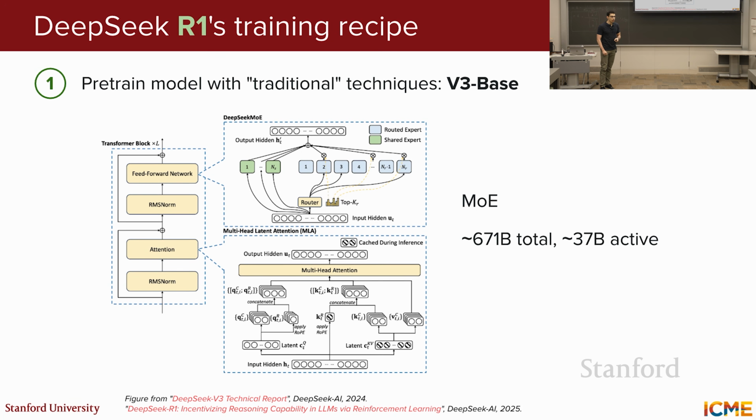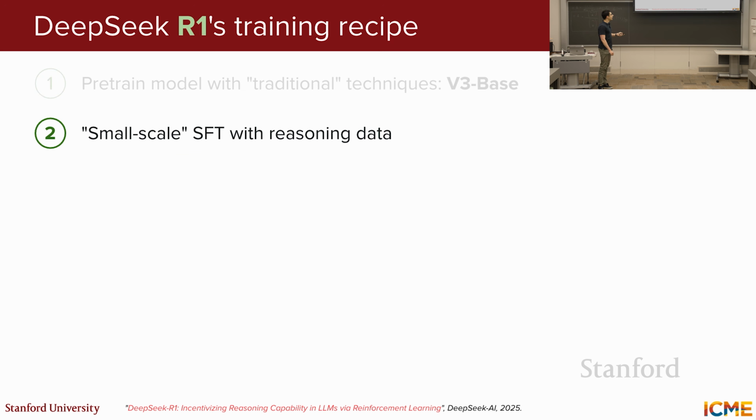So they start from a V3 base, which is the pre-trained model that DeepSeek had trained during their V3 paper. So it was the non-reasoning version of this model. And then instead of starting directly with the RL stage that we have discussed, they try to align it in a way that will nicely alleviate the issues we have seen.